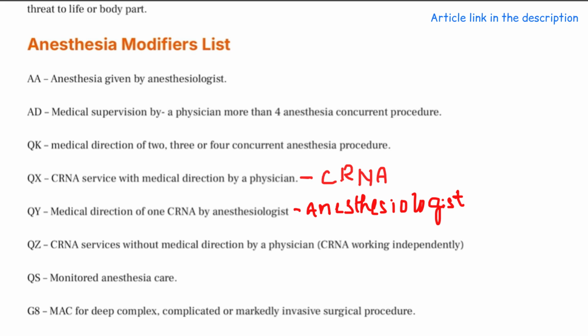So here the code we have to give is for the physician, not the CRNA. So here we have to give the QY modifier, medical direction of 1 CRNA by the anesthesiologist. This is for the physician, the anesthesiologist, and QX is for the CRNA. If the question is like this, give the CPT procedure code for the CRNA, then we have to give QX.